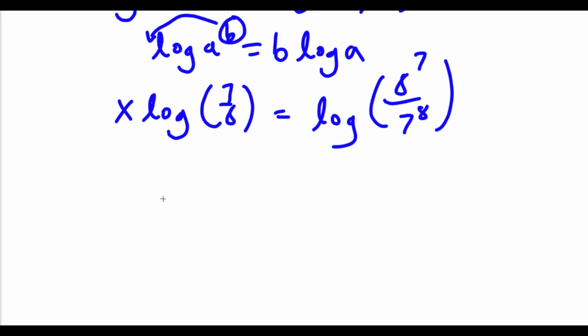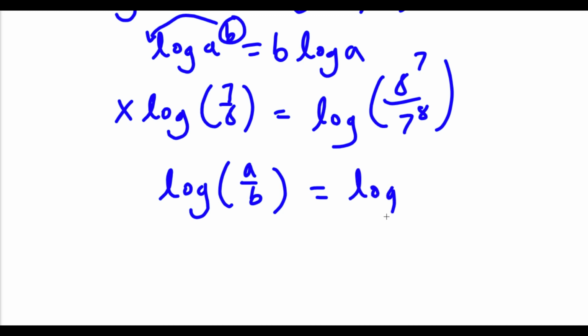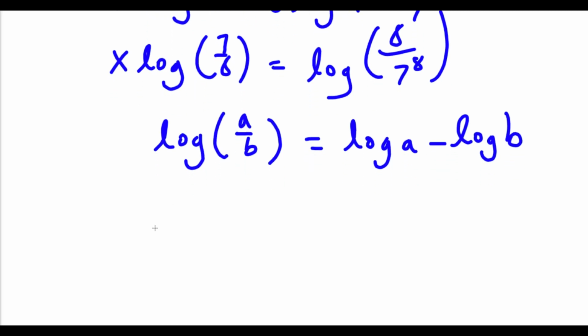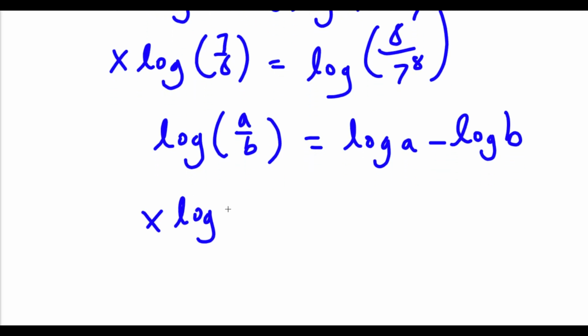Now, if I have something in the form log a over b, this is the same thing as log a minus log b. So in this case, log of 7 over 8 is going to equal log 7 minus log 8.